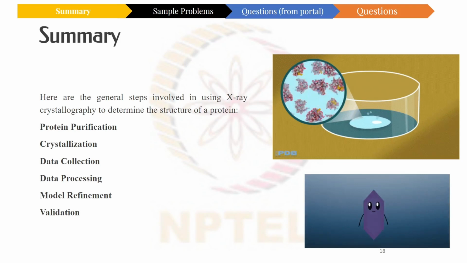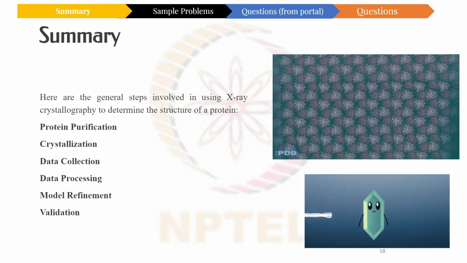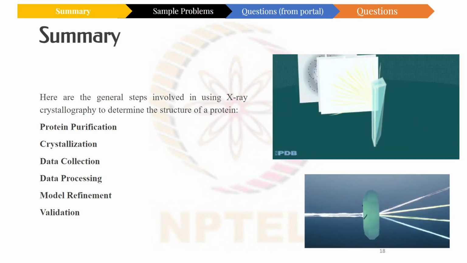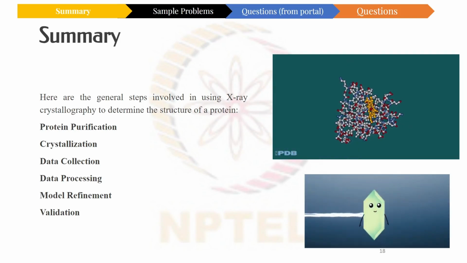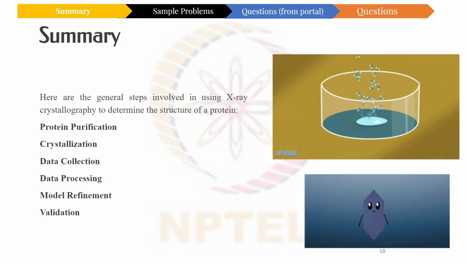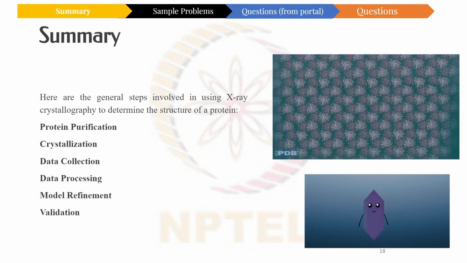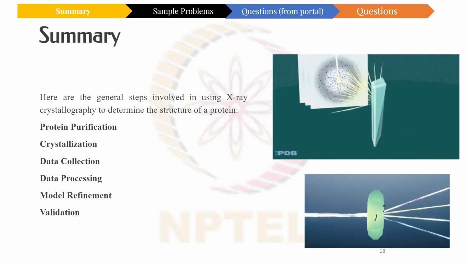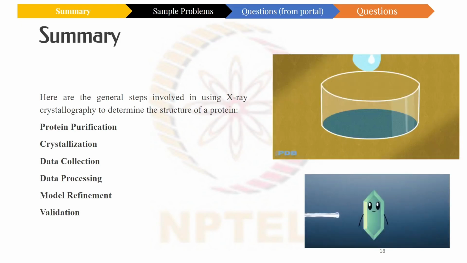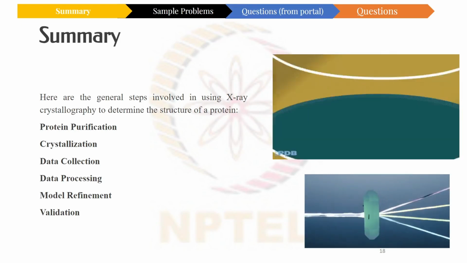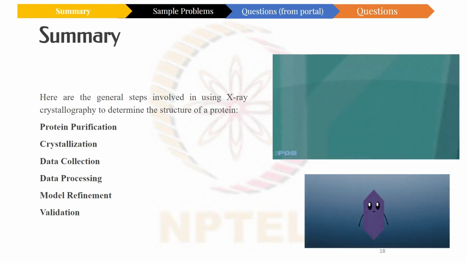Then the protein must be crystallized to form a regular and ordered array of molecules that can be analyzed using X-rays. Crystallization is a difficult and time-consuming process that often requires screening many different conditions such as pH, temperature or concentration to find the optimal conditions for crystal growth.